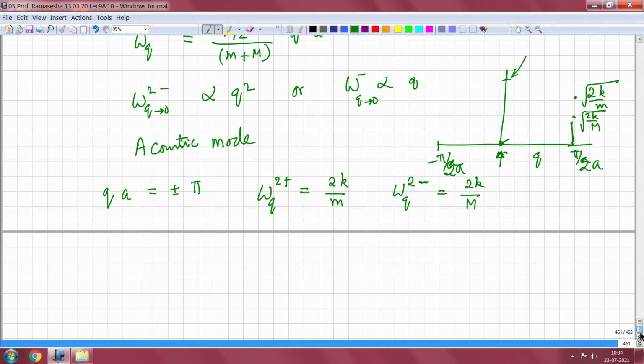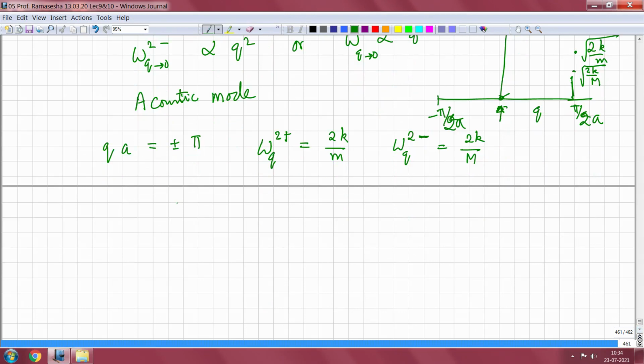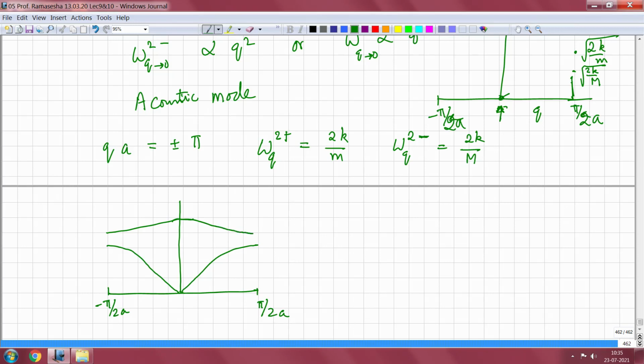So if I look at the phonon dispersion curves, or the vibrational dispersion curves, then I have pi by 2a here, and minus pi by 2a here. So one of them will have a dispersion which goes like that, and the other one has a dispersion that goes like this.